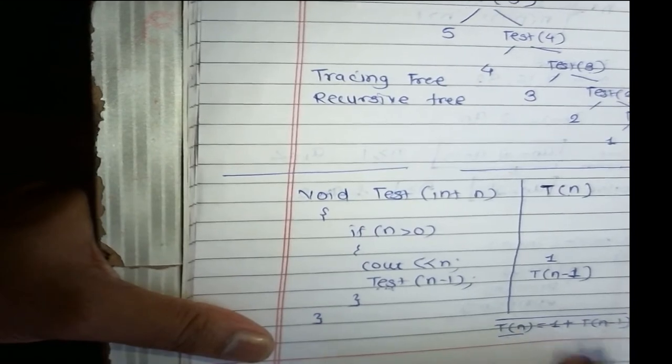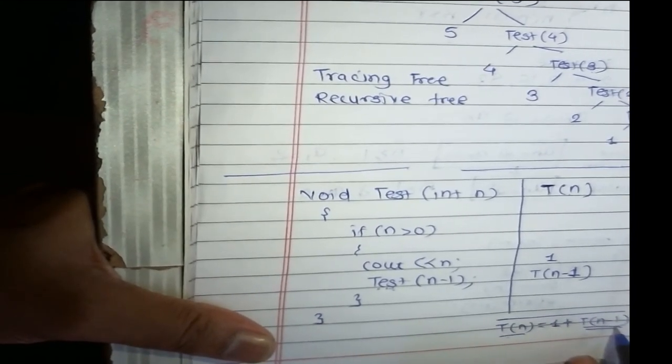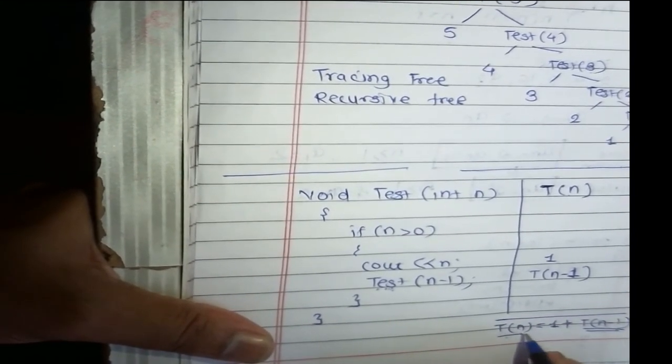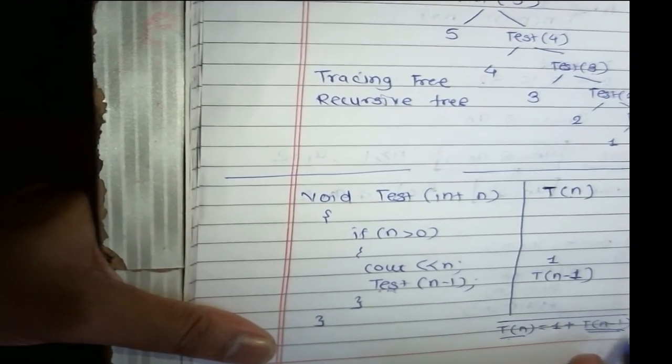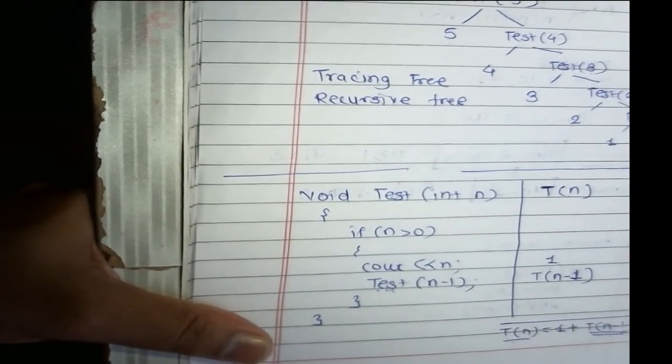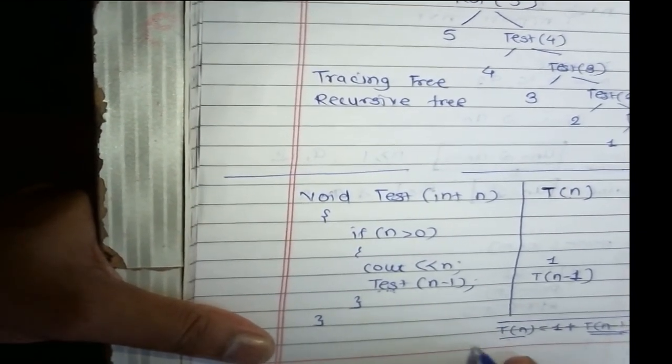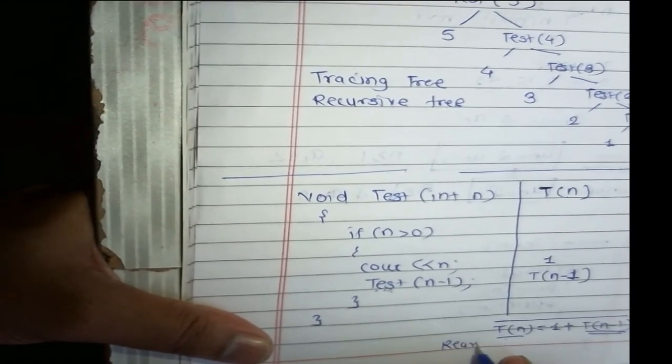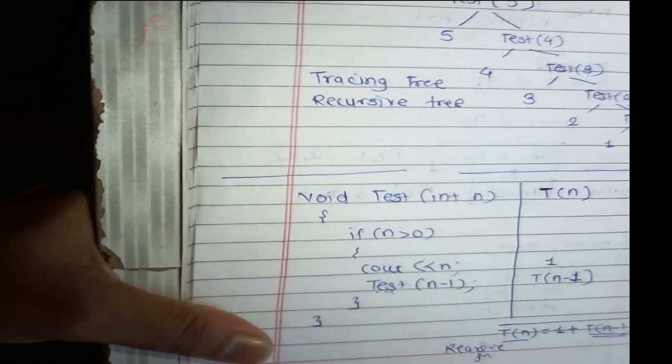So the time of n depends on the previous term. So this is called a recursive function.